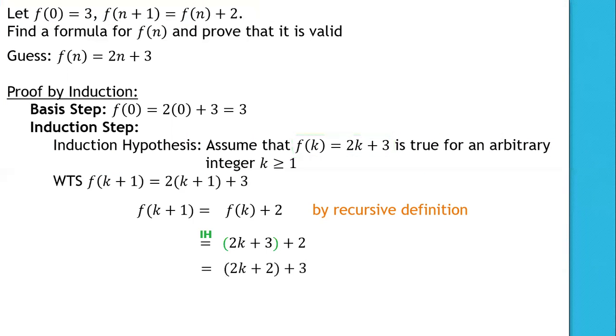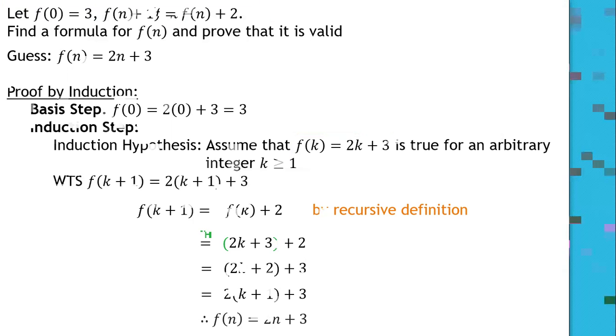Well, a little algebraic manipulation will tell me that I can rearrange this. 2k plus 3 plus 2 is the same as 2k plus 2 plus 3, which is the same as 2 times k plus 1 plus 3, which is what I stated the formula should be. Therefore, f of n is in fact equal to 2n plus 3. The formula and the recursive definition provide the same answer.